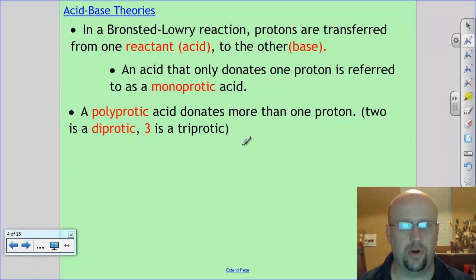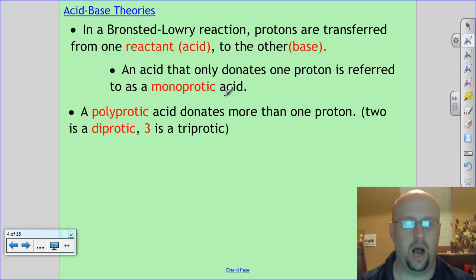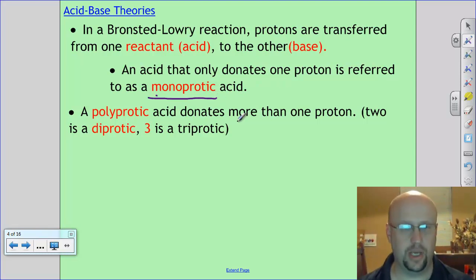What's also important here is what's going on in a Brønsted-Lowry reaction. So a little bit of terminology here. You've got a reactant that has acids and bases. The proton gets transferred from one thing to another. If it's an acid that only gives up one proton, we say that it's monoprotic. It produces one hydrogen, in other words. It's polyprotic if it produces more than that.